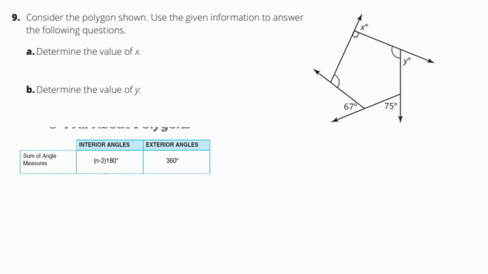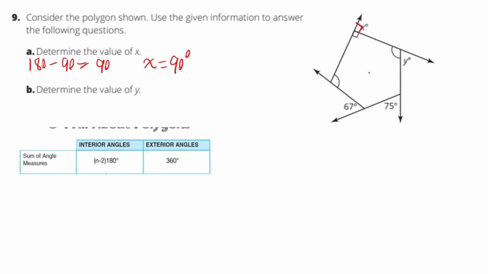What we notice is that right angle and the angle that has the value of x create a straight line, which we know is 180. And that means that 180 minus 90 equals 90. So the value of x equals 90 degrees. So x is also a right angle.